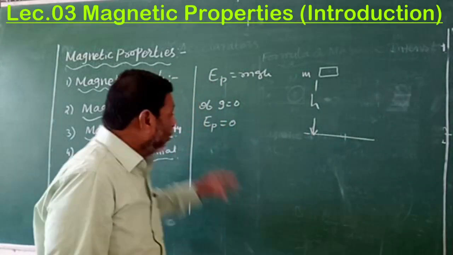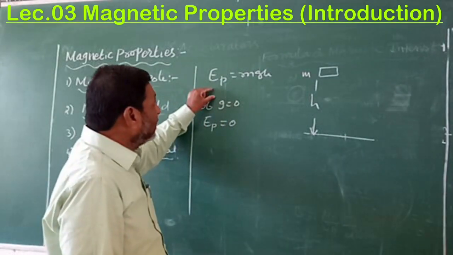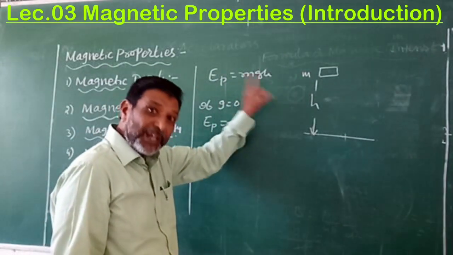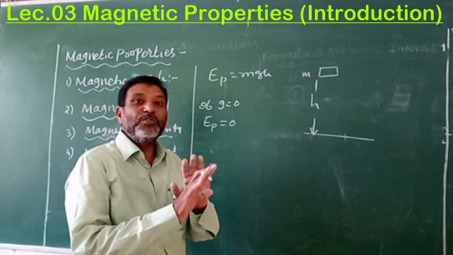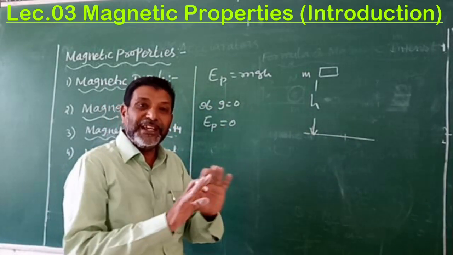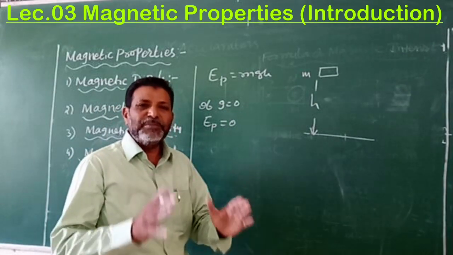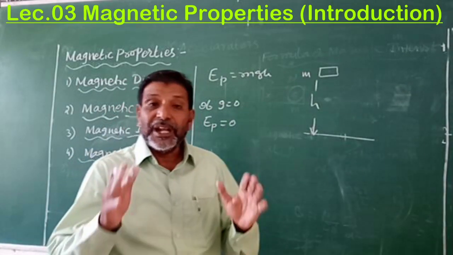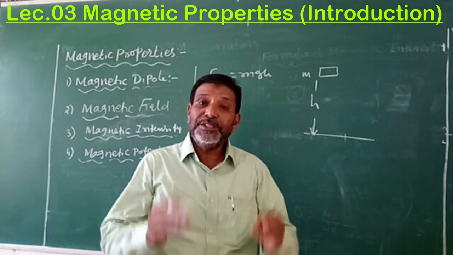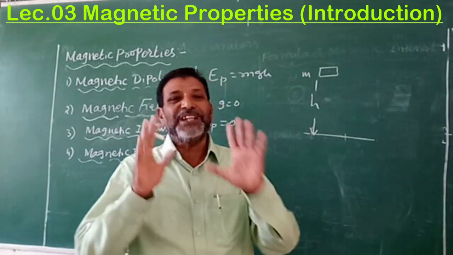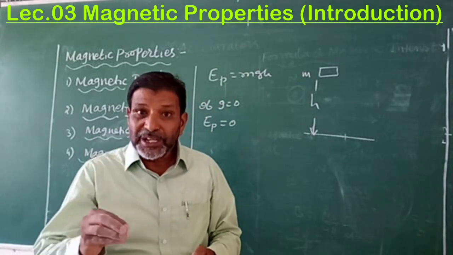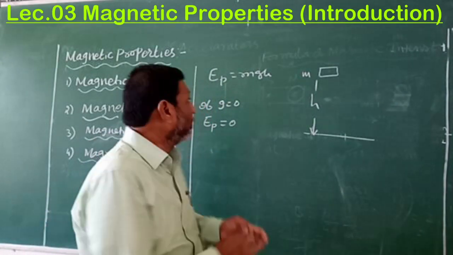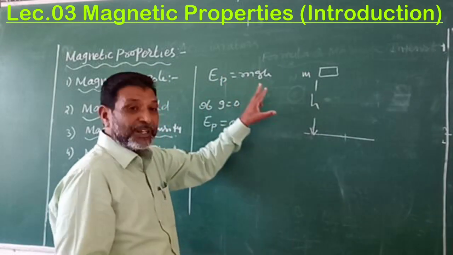That means the body has gravitational potential energy because of the gravitational field only. If there is no gravitational field, then there is no gravitational potential energy. For simplicity, instead of saying gravitational potential energy, we simply say potential energy. But its exact meaning is that every body has gravitational potential energy in the gravitational field.